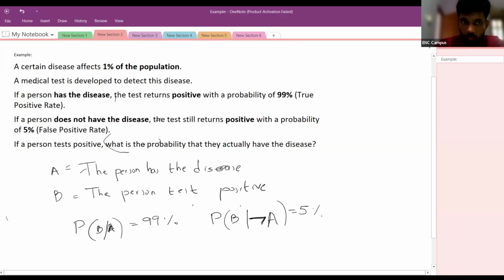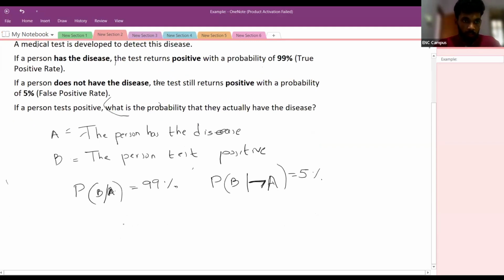What I want to calculate is the probability of having the disease given that the test is positive.